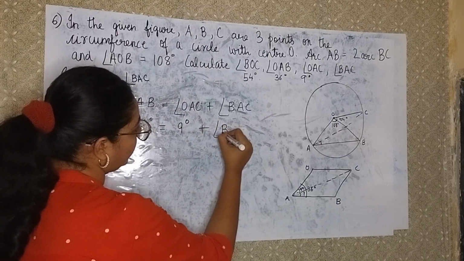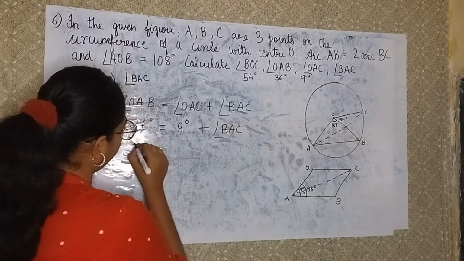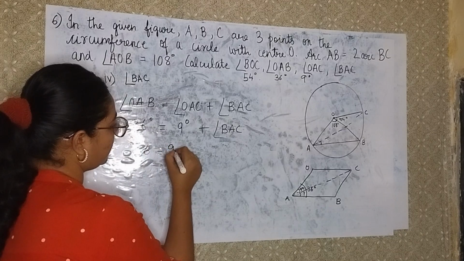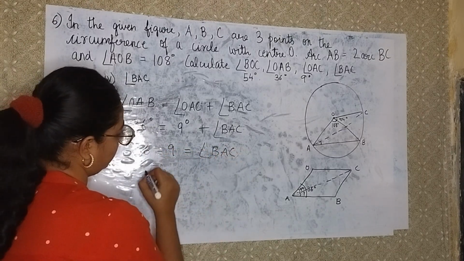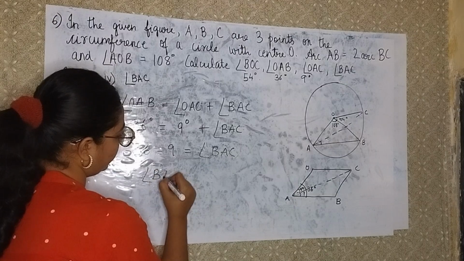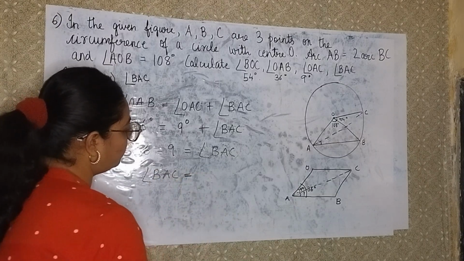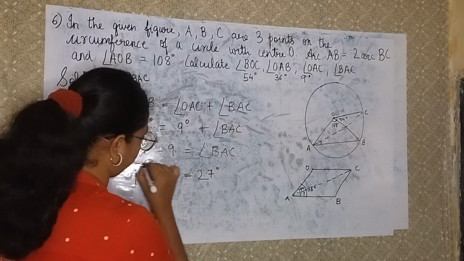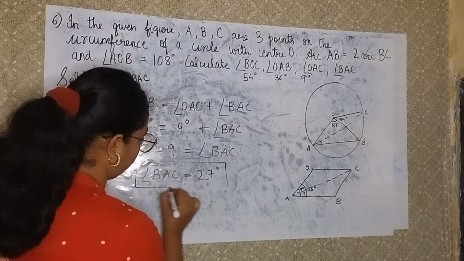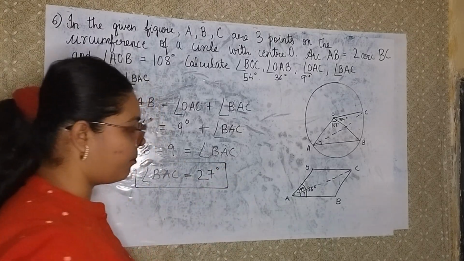I need angle BAC. 36 minus 9 equal to angle BAC. That is angle BAC equal to 27 degrees. This is the end of the sum.